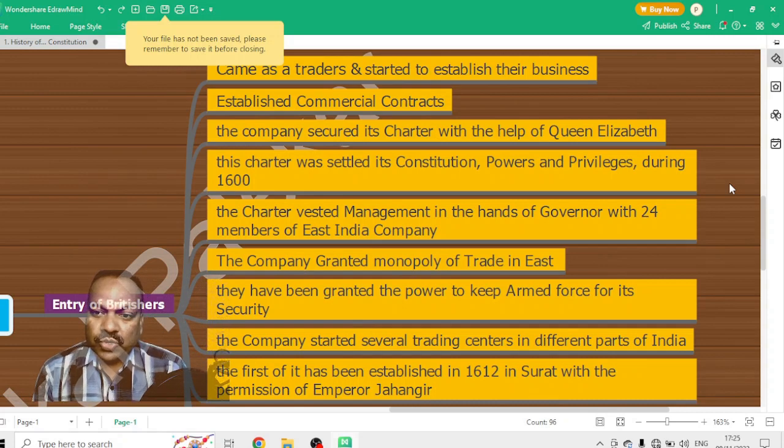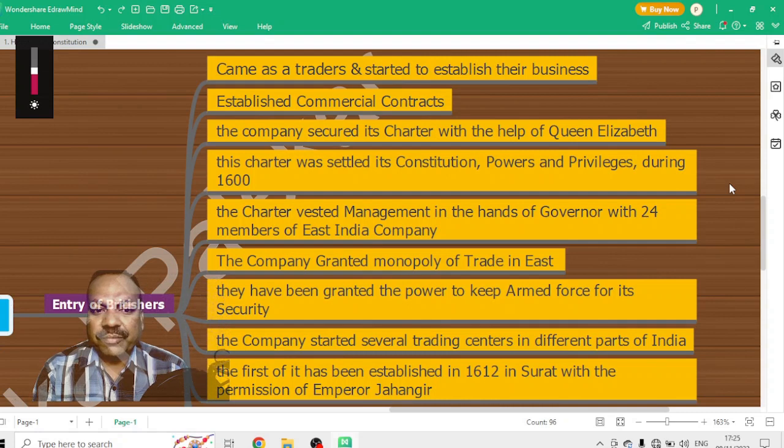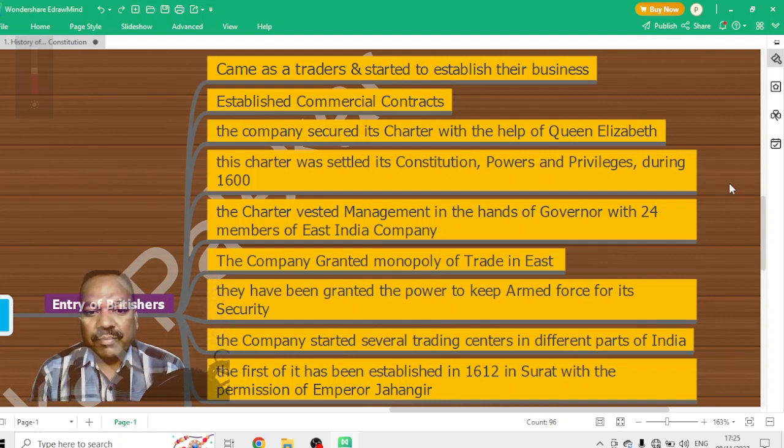Not only this, the charter also vested the management in the hands of a governor with 24 members of the East India Company. The company was granted monopoly of trade in the East.